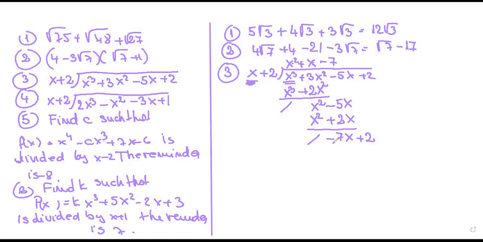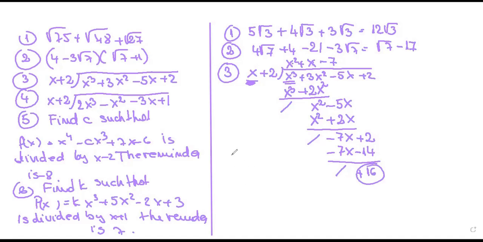Minus 7 times x is minus 7x. Minus 7 times 2 is minus 14. Plus 2 minus minus 14 is plus 16.